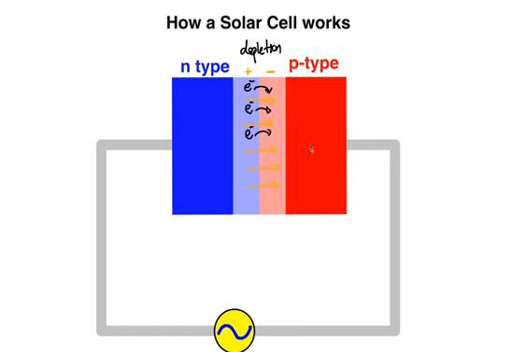So if I were to apply an alternating current to this, an alternating current, of course, means the electrons moving in alternating directions. But what this actually does is that the electrons will move in one direction quite comfortably.